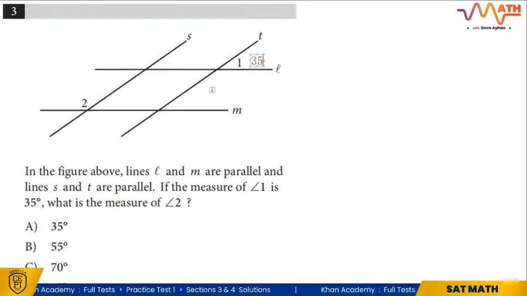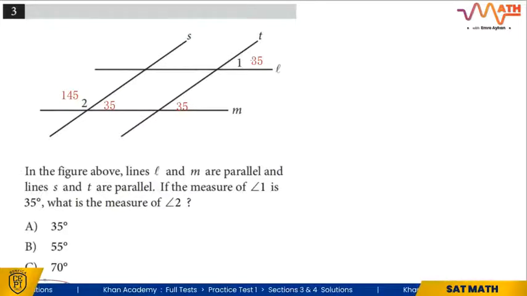So by the parallel rules, this angle 35 will be equal to this one, also this one, right? They're all equal. And the sum of this angle must be 180. What is left here? 145 degrees must be angle 2.